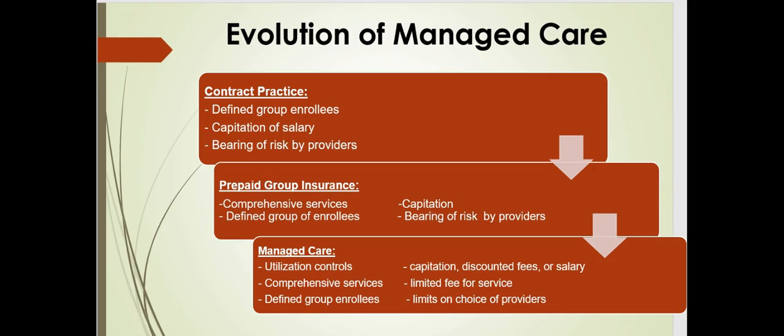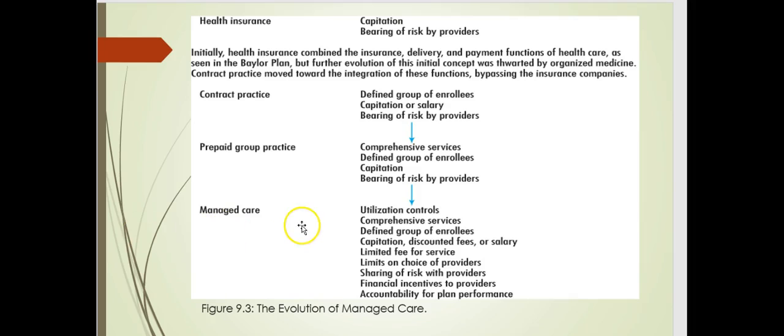And then we get to managed care. This is where everything listed above is included, but it goes a step further and it includes utilization controls. So that kind of gives you an idea of this evolution of managed care. Here's another figure that goes through the evolution of managed care, and it's also a little more detailed.